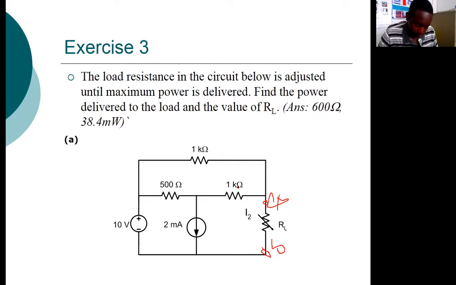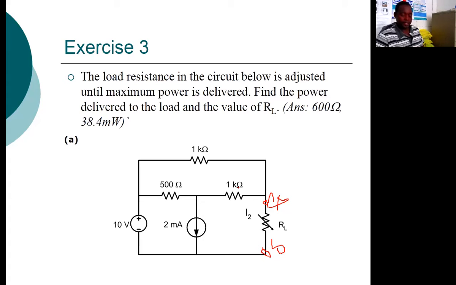We get 1 over 5, which is equal to 0.2, times 2, you get 0.4 milliamps. That means the current through I2 becomes equal to 2 minus that, which is 1.6 milliamps.